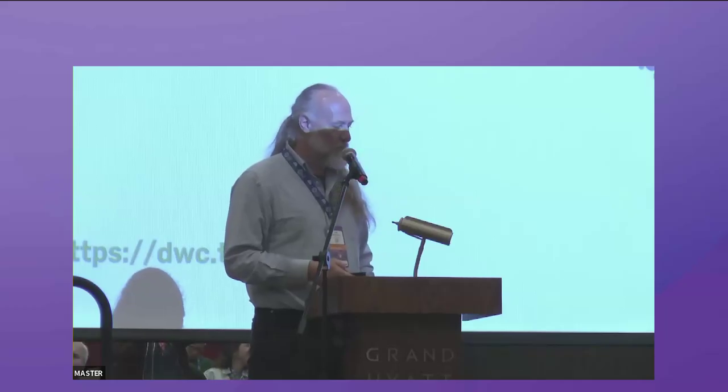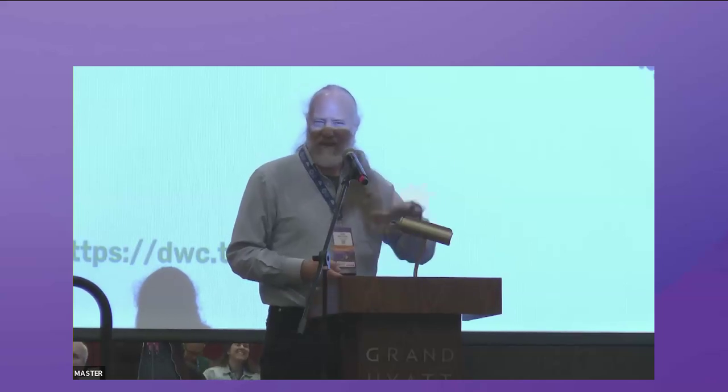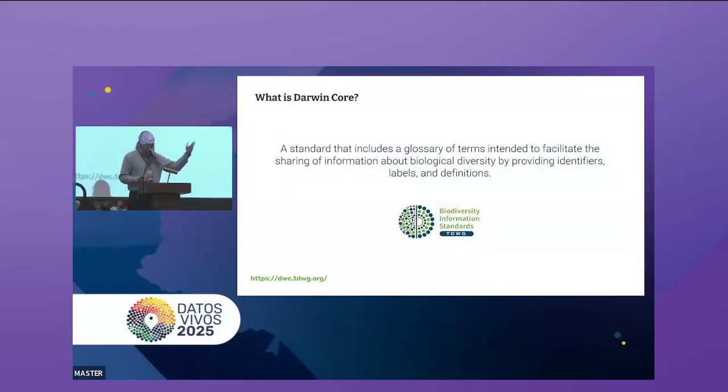When I say that, I mean that there are classes, there are concepts, and there are properties, which are things about those concepts, like an event date, where the class is an event. And there are sometimes recommendations for controlled vocabularies for those properties, which are yet other kinds of vocabularies. So Darwin Core treats with all of those things.